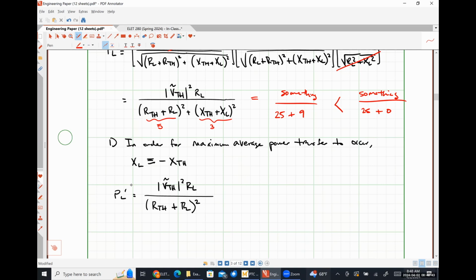So we are trying to figure out what value of RL maximizes this expression.